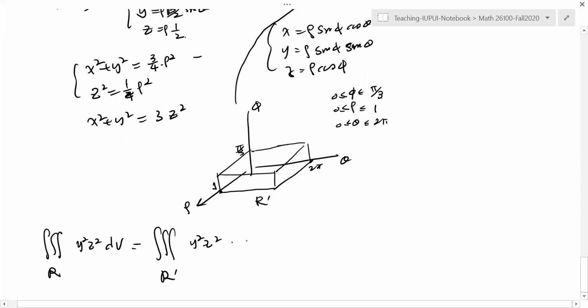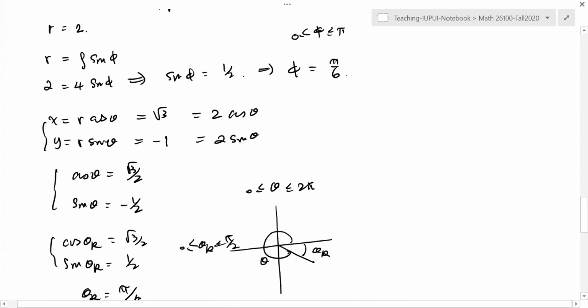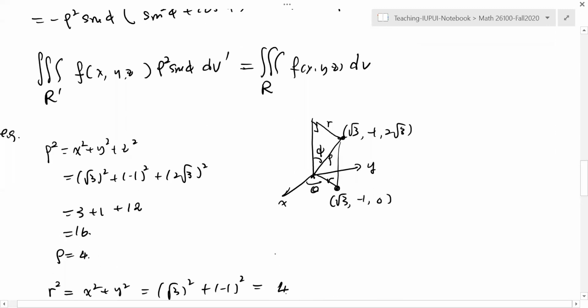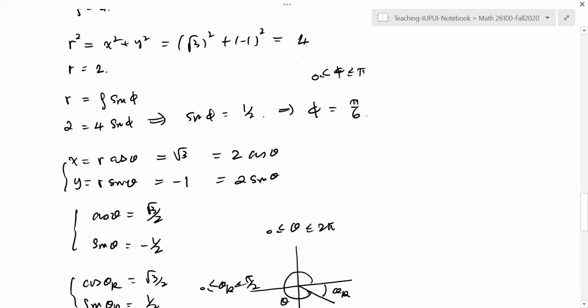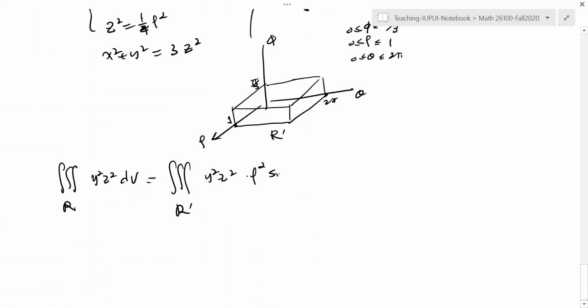Now what I want to put here is the additional part from the determinant. We got the formula already from the determinant: it's rho squared sine phi. Then dV prime, which is d rho, d theta, d phi.